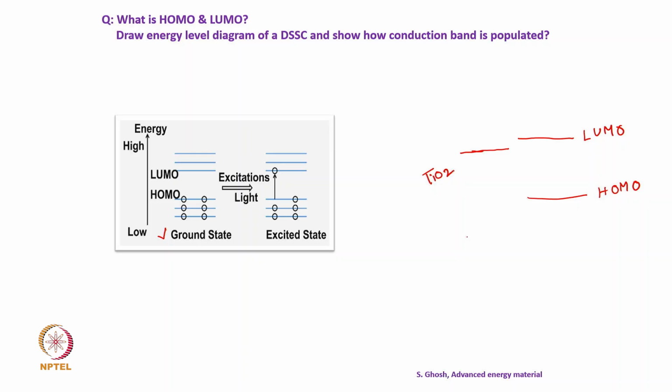Okay. So, this is the energy level of the conduction band edge or conduction band minima. So, how is it populated? When the electron goes from HOMO to LUMO, it actually comes to the conduction band of TiO2.